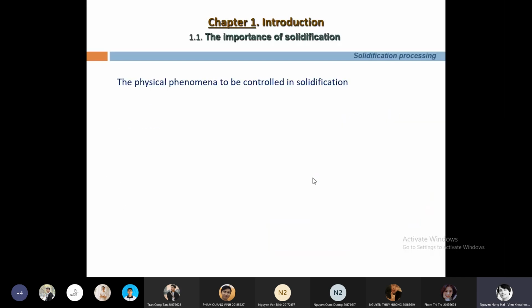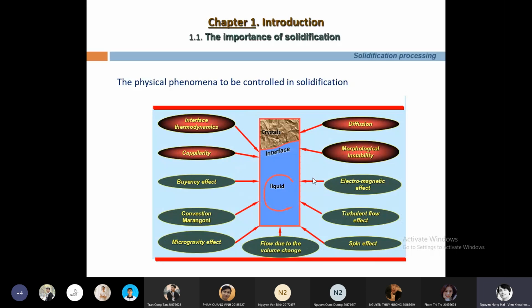And there are a lot of physical phenomena to be controlled in solidification. See, a lot of physical phenomena, such as diffusion, morphological instability, interface thermodynamics, capillarity, buoyancy effect, electromagnetic effect, and convection, turbulent flow, and so on.